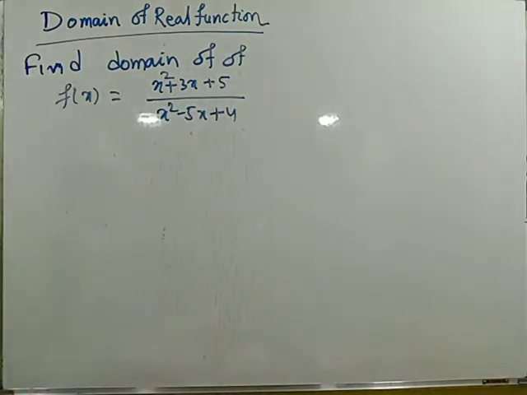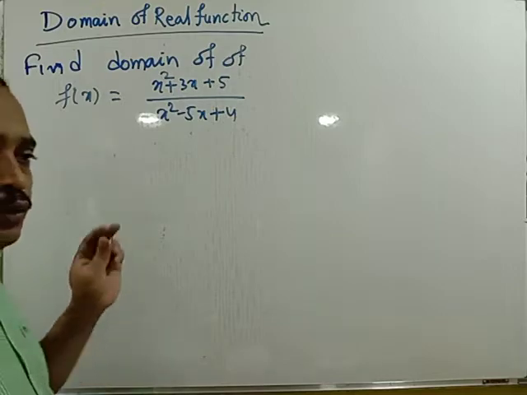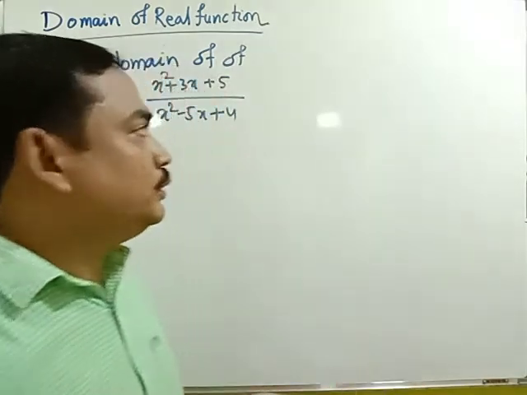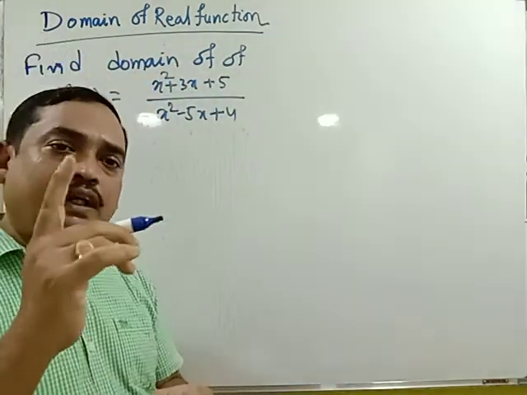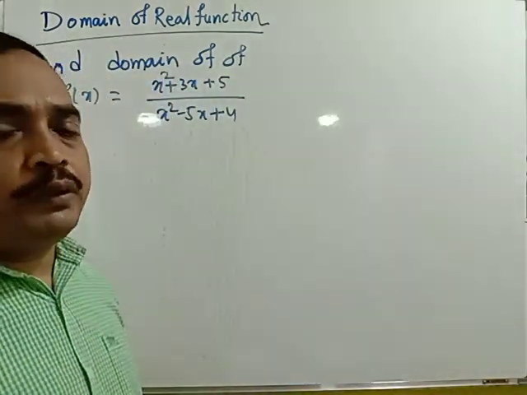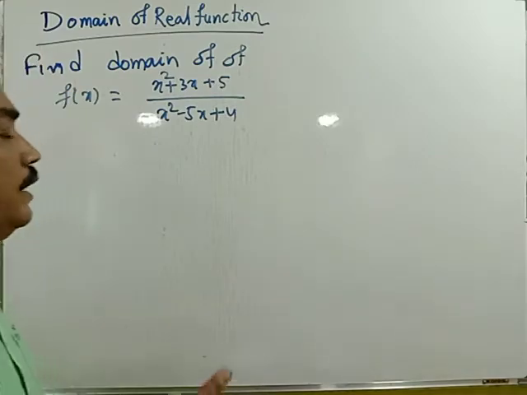Here this is the function, and we have to find its domain. As I told, if the function is given, domain means the x for which the function is defined.